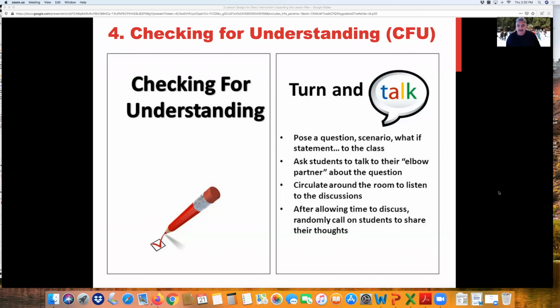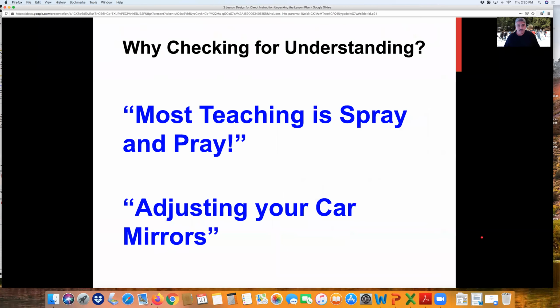As I was saying, checking for understanding. Why checking for understanding? If you don't check for understanding, like this expression says, most teaching is spray and pray. A lot of times teachers teach, they spray the information out, and then they pray that the students get it.